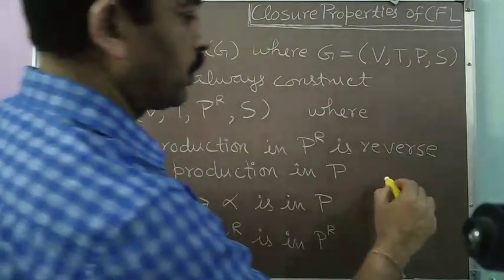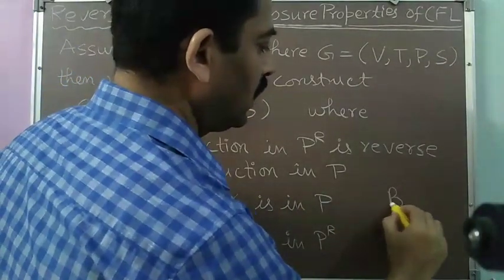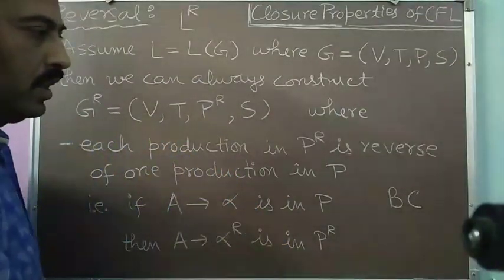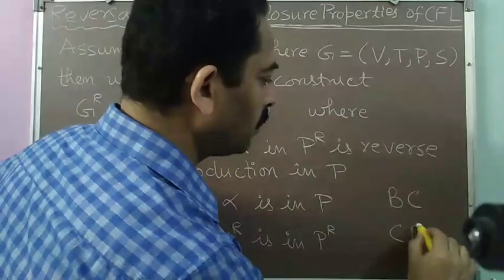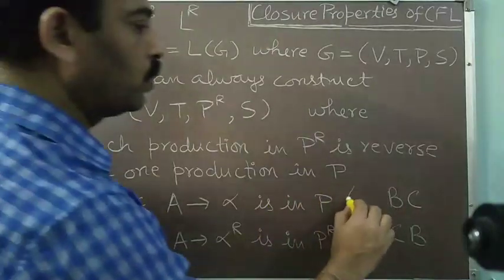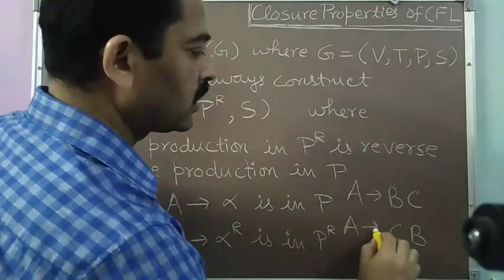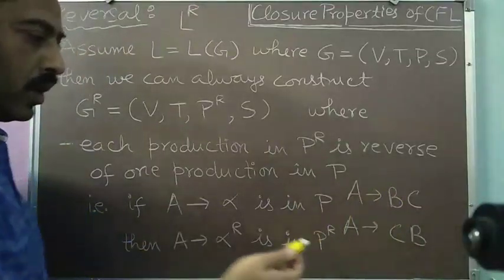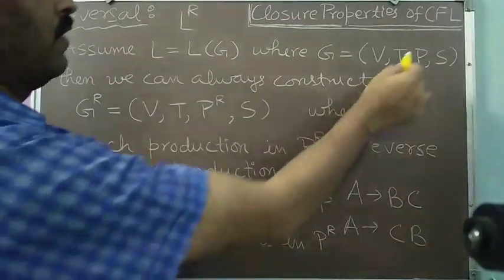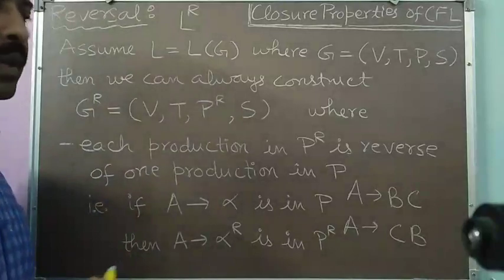For example, suppose my alpha is BC, okay, then alpha^R will be CB. So if A to BC is a production in P, then A to CB, the reverse of it, will be a production in P^R. So in this manner, I will be defining the productions in P^R.